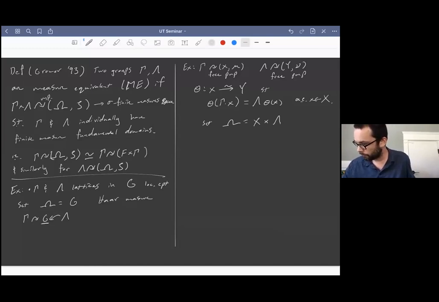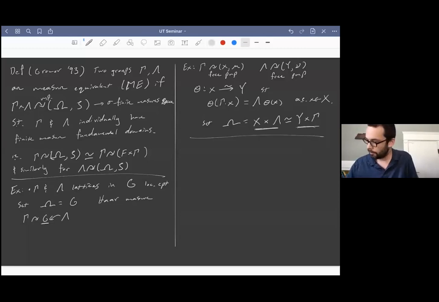Well, the orbit equivalence gives you an isomorphism between this space and also Y times gamma. And so the gamma action over here is very trivial. And so if you want to view the gamma action on this space, then you have to view it through a natural cocycle, the orbit equivalence cocycle coming from this. But you can verify that this gives you a measure equivalence.